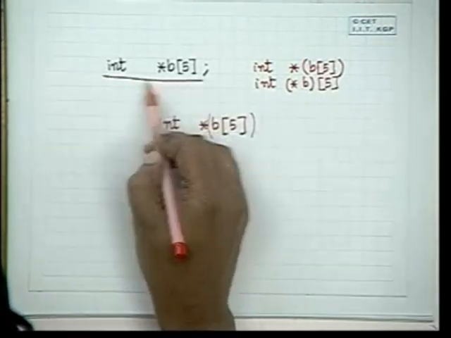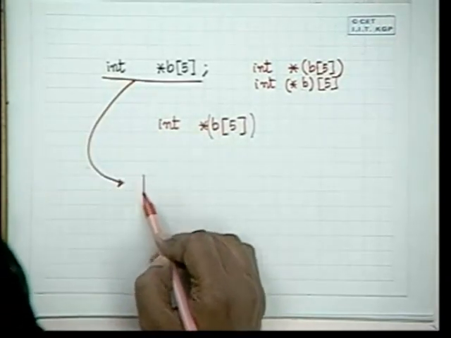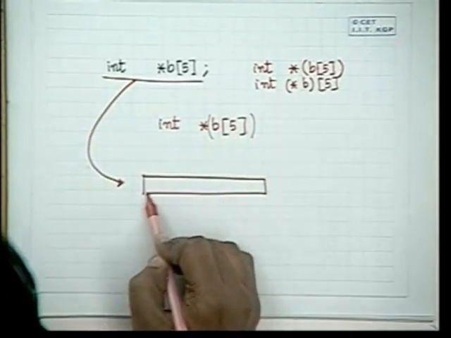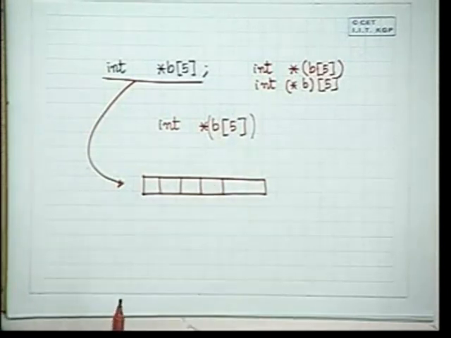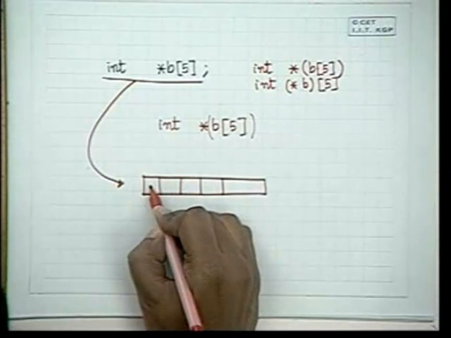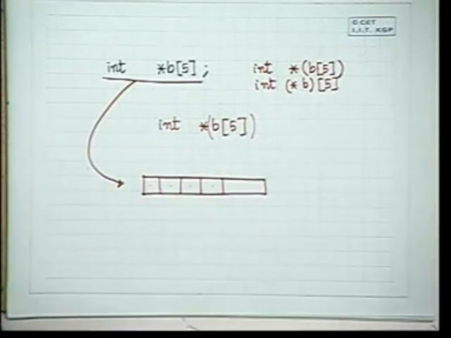So this definition leads to an array of 5 elements. So 5 elements are allocated of pointer type and each of them is a pointer to an integer.